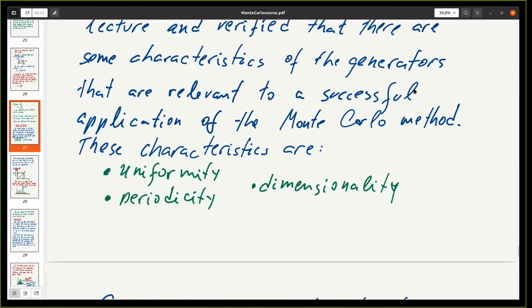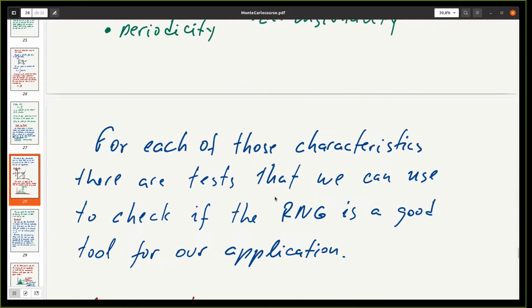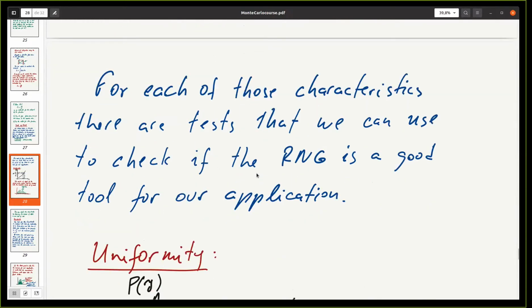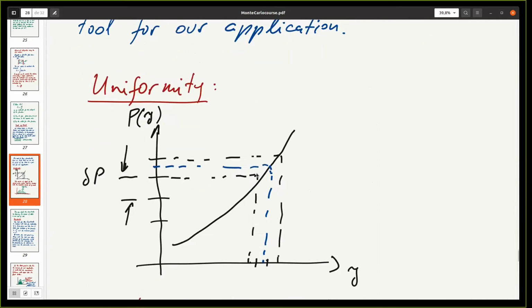So let's review here the main features that we studied and that are related to the Monte Carlo method. They are uniformity, periodicity, and dimensionality. So let's see how to test these features and check if they are appropriate or not for some of our applications.